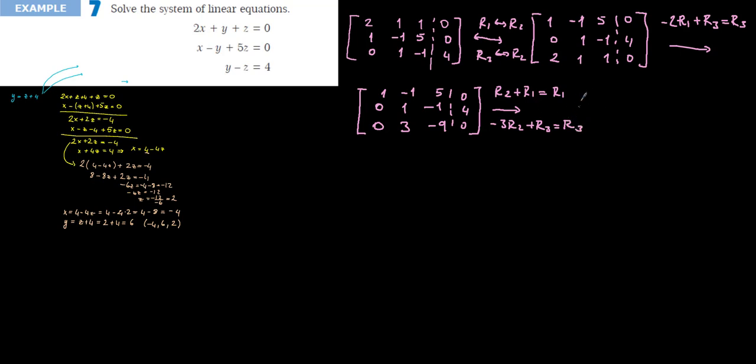Let's do these operations for each entry. Directly I'm going to add 0 plus 1, it's equal to 1. 1 plus minus 1, because it says R1 plus R2, is equal to 0. Minus 1 plus 5 is equal to 4.